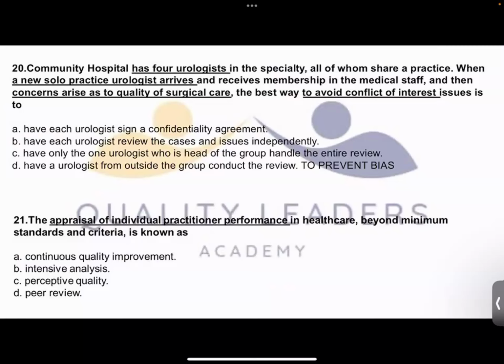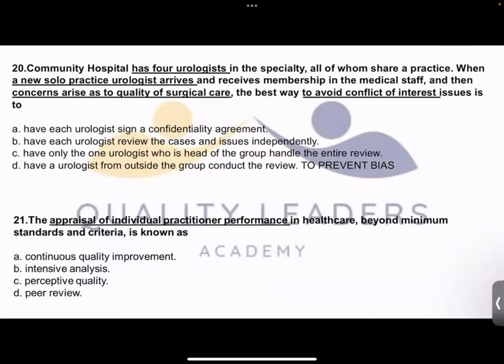Number 20, a community hospital has 4 urologists in this specialty, all of whom share a practice. When a new solo practice urologist arrives and receives membership in the medical staff, and then concerns arise as to quality of surgical care, the best way to avoid conflict of interest issues is to: A, have each urologist sign a confidentiality agreement.